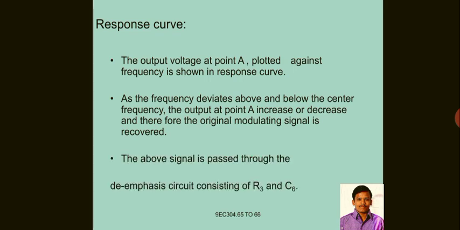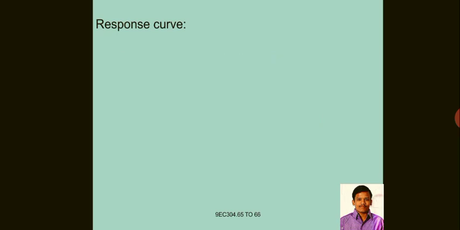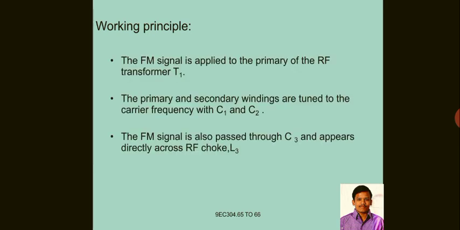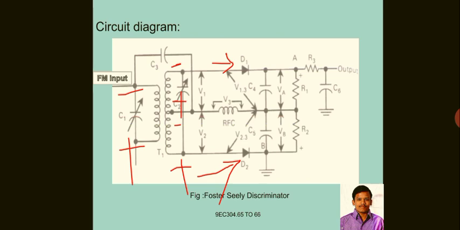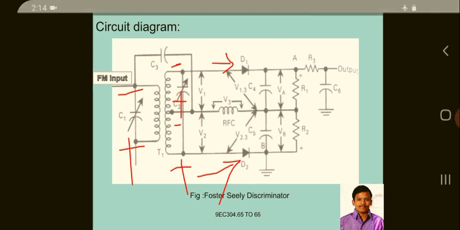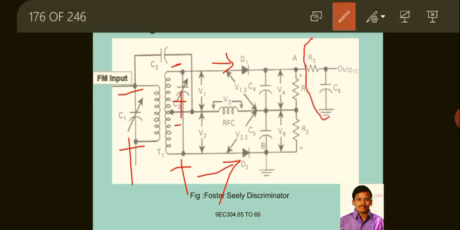After that, this signal will be passed through a de-emphasis circuit, which is a combination of resistor R3 and C6. Just see the diagram once. So this combination is called de-emphasis.